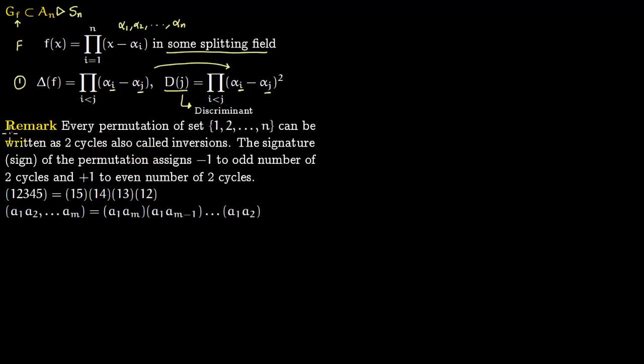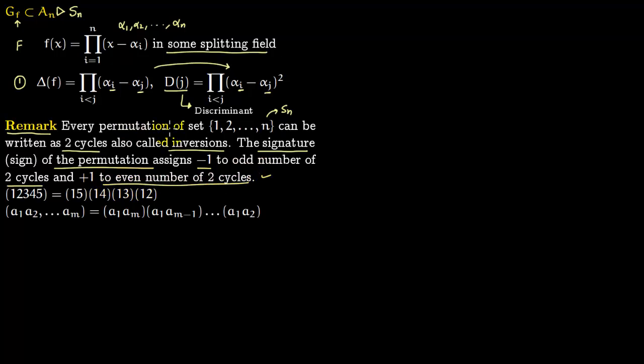Now an important remark which we are going to use. Every permutation of this set, which obviously gets permuted by Sn, can be written as a product of two cycles, which are also called inversions. The signature of this permutation assigns -1 to an odd number of two cycles and +1 to an even number of two cycles.